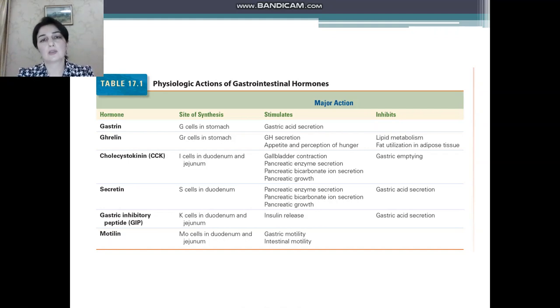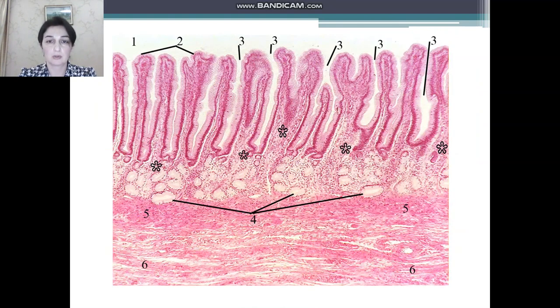Finally, urogastrone is produced by Brunner glands of the duodenum. They also inhibit activity of the parietal cells, so the production of the acid in the lumen of the stomach. That we have to know to be able to understand the regulation of the activity of the stomach.